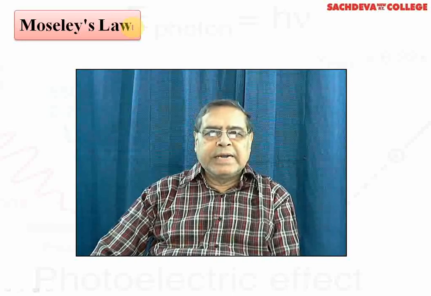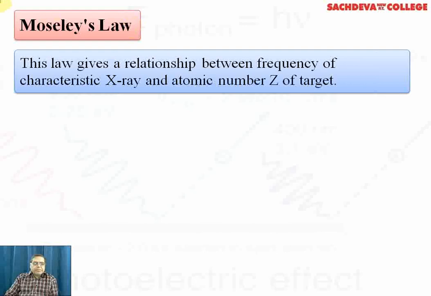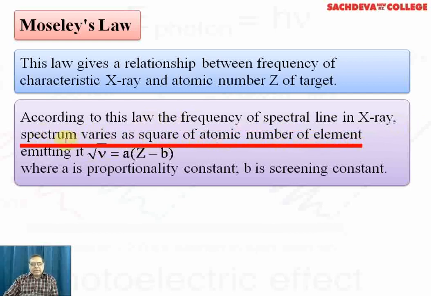So we will relate the frequency or wavelength given out from an atom with the atomic number. This law gives a relationship between the frequency of the characteristic X-rays and the atomic number Z of the target. According to this law, the frequency of a spectral line in the X-ray spectrum varies as the square of the atomic number of the element.